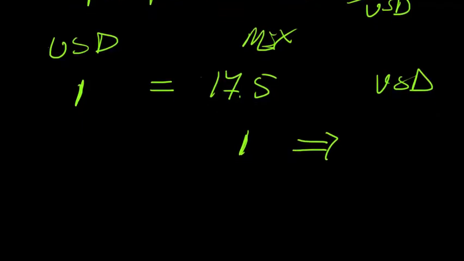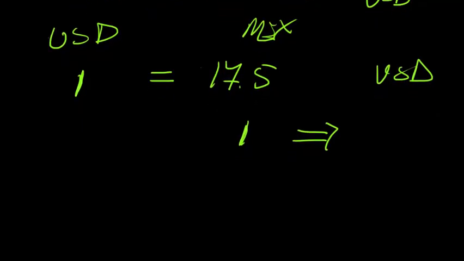Well, the easiest way to do this is to take the inverse of the rate. If my rate is 17.5, I can take the inverse: 1 over 17.5.